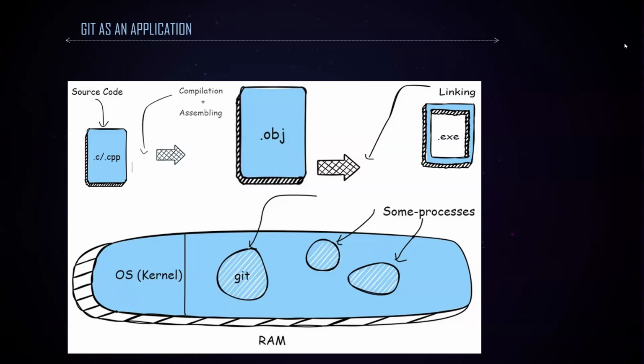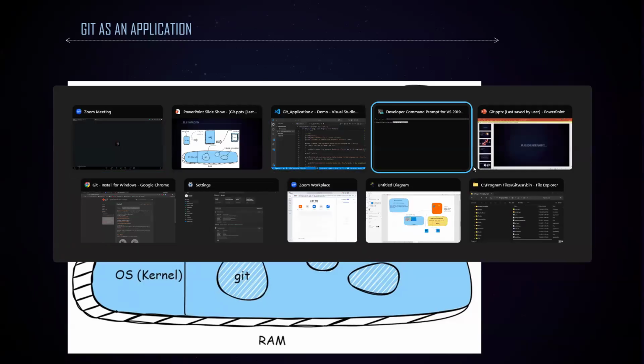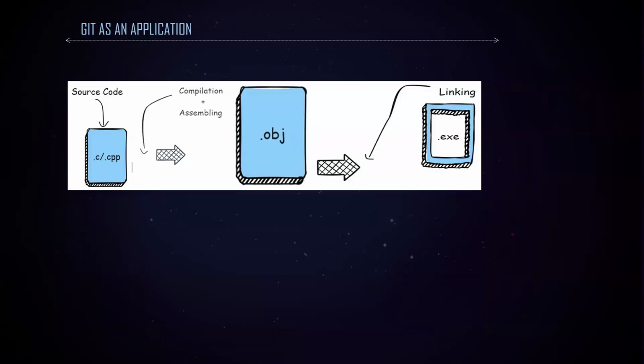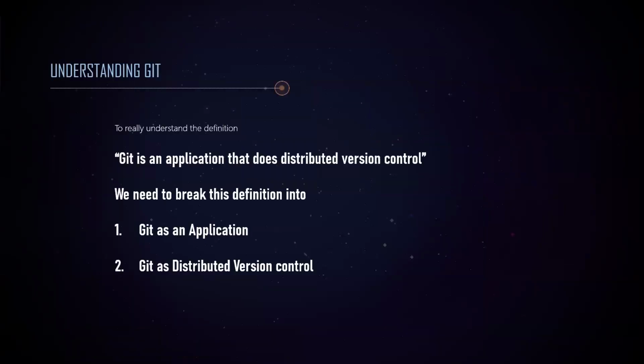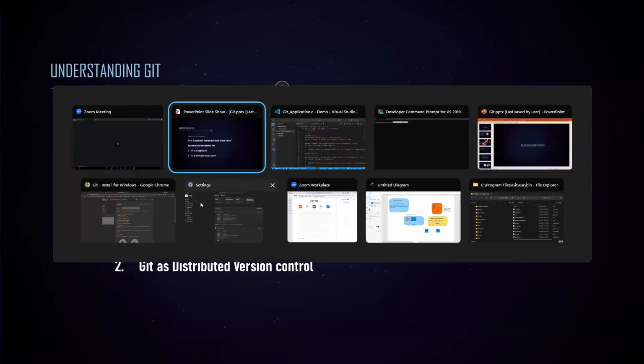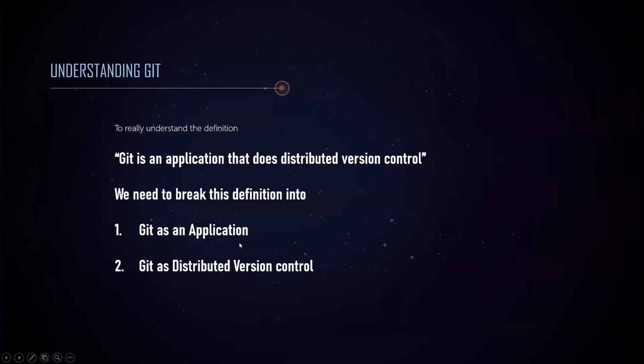So as per definition, why we are looking into this is, as I said, we need to understand Git as an application. For that, we have to understand what an application really means. Again, language doesn't matter.